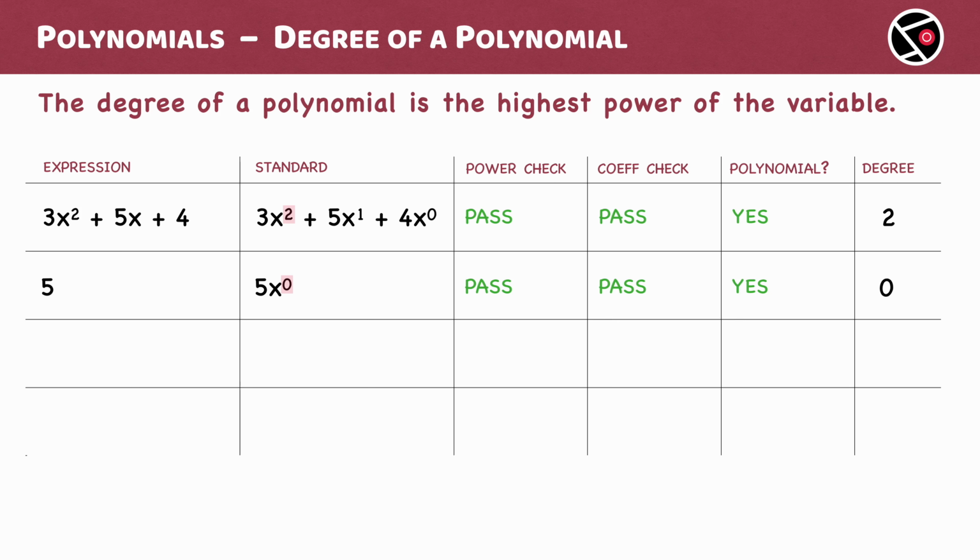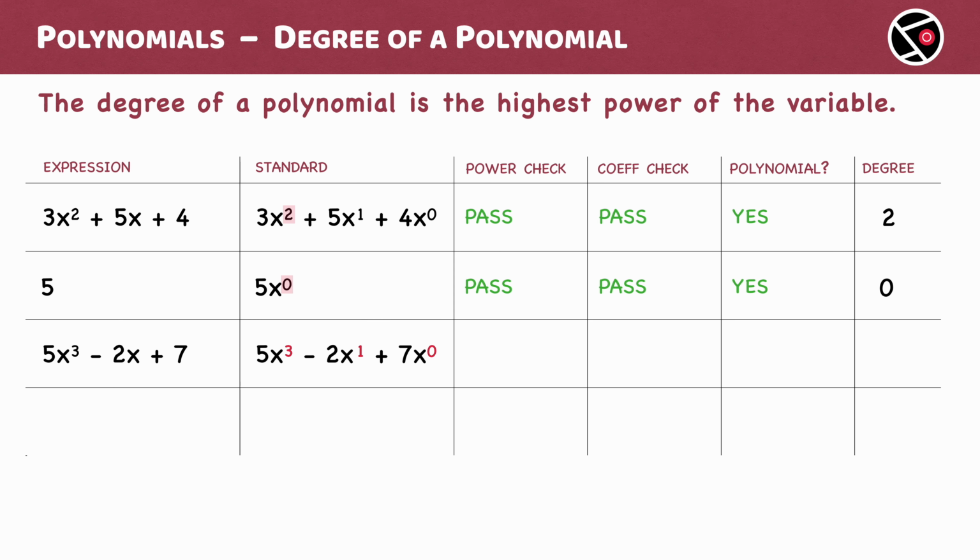The first one is 5x cubed minus 2x plus 7. We can rewrite this as 5x to the power 3 minus 2x to the power 1 plus 7x to the power 0. The powers of x are 3, 1, and 0, each a whole number.